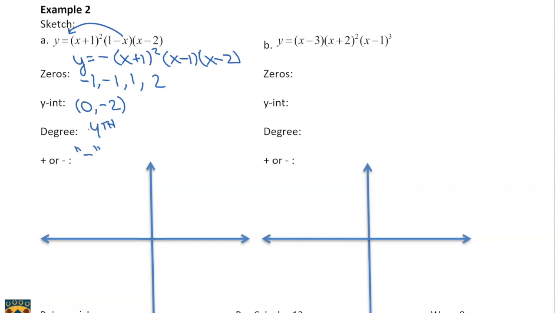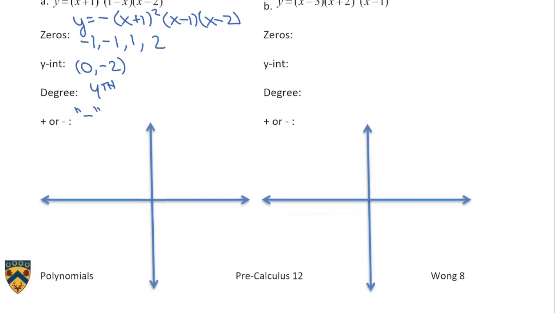What would happen now if we started to estimate where this would end up? We have something happening at negative 1, 1, and 2. We're going to draw a negative quartic function, meaning it's going to look like the letter M. But the other thing that's new is this negative 1 occurs twice.